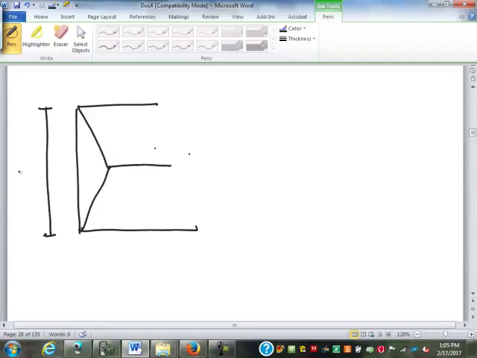Where this is 42 feet. This here is a 5/12 slope. This here is a 10/12 slope.